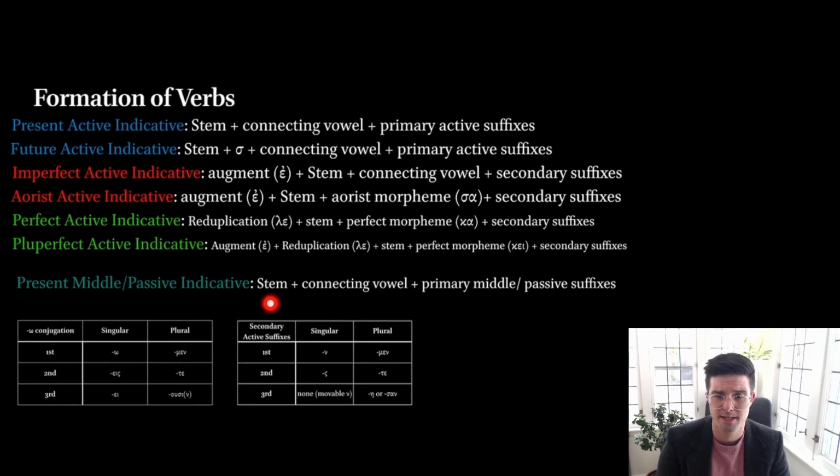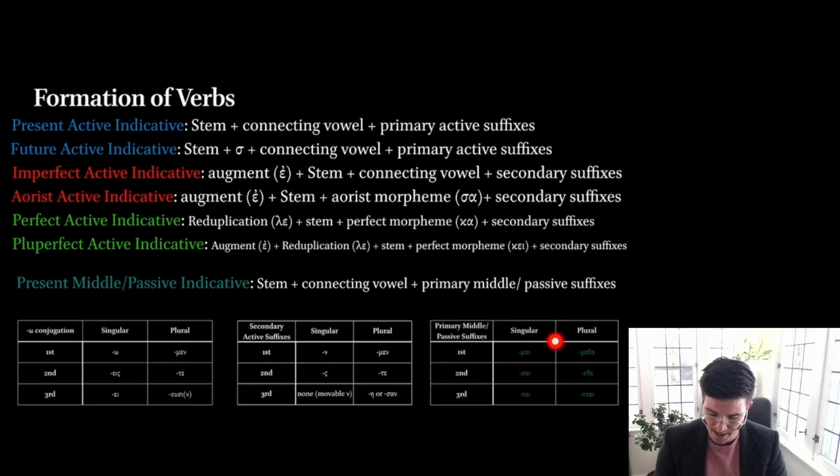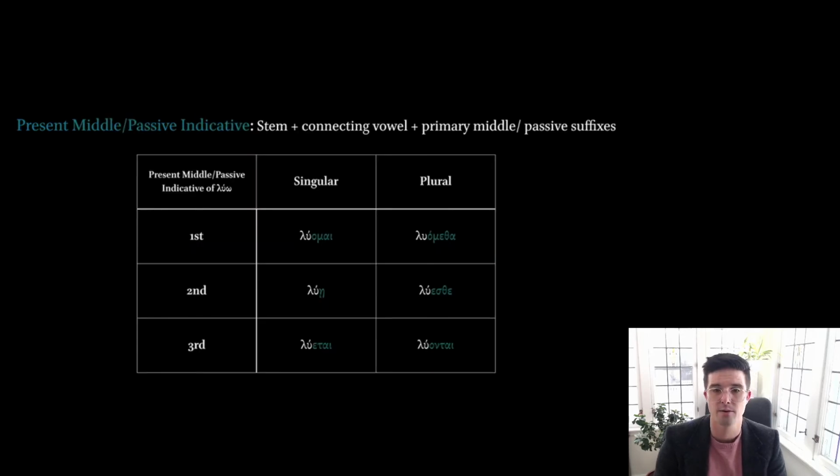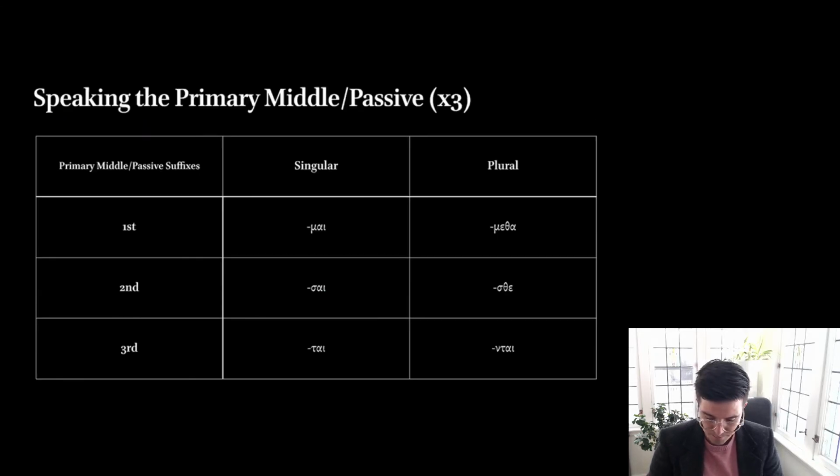We just have the stem with nothing before it. Then we use a connecting vowel, omicron or epsilon. Then we get those endings added on, so that the final result looks like this. Our final paradigm that we saw in that previous slide, just a little bit bigger here, is going to be luomai, luei, luetai, luometha, lueshthe, luontai.